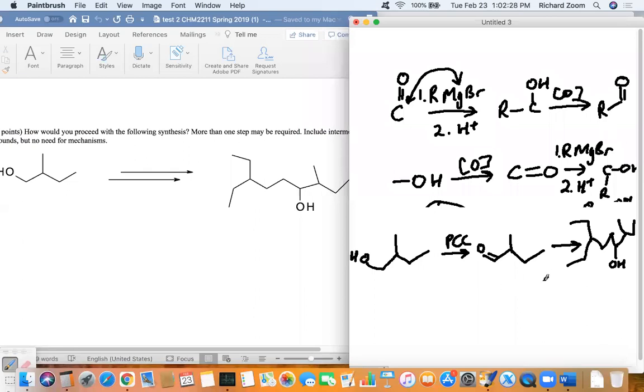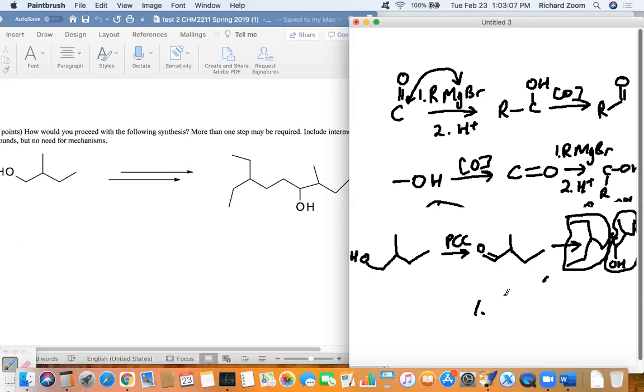So I know I need a Grignard reagent in the second step. I guess I shouldn't have deleted that other thing, but it doesn't really matter. So what I've got to do is find out where this is in the product. And this whole thing comes from here. So it's the whole right side of that product. So now I have to figure out what Grignard reagent would be added, and it's going to be the rest of it, which I'm going to put another shape around here.